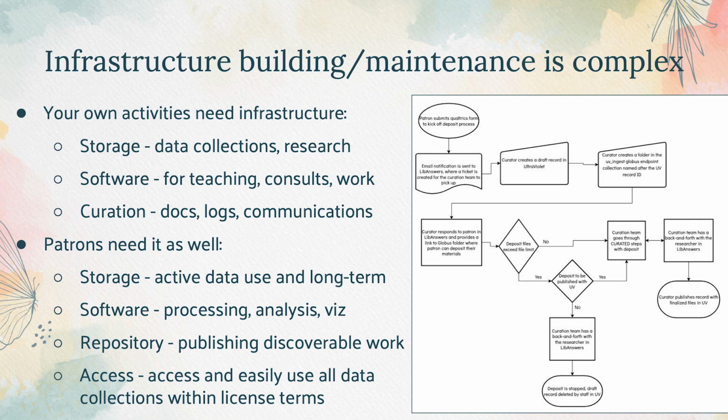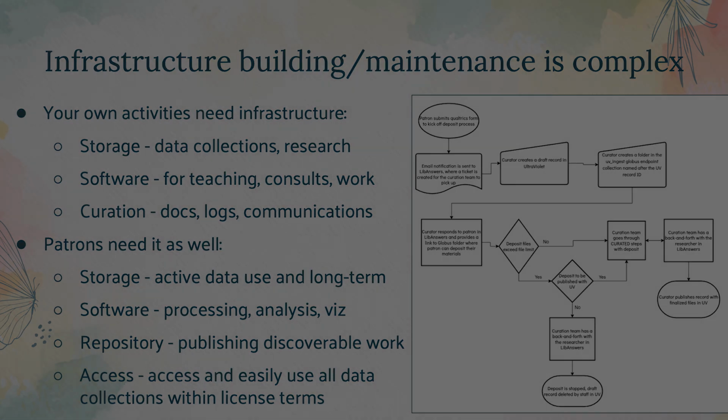In this graph, you'll see Qualtrics, you'll see LibAnswers, you'll see Globus, which is a data transfer tool, and then all our actual repository software. So we need it for ourselves to disseminate collections, to do discovery work, and our patrons need it as well. It doesn't help if we're the only ones that have this infrastructure. Our patrons need to be able to make use of what we are providing to them.